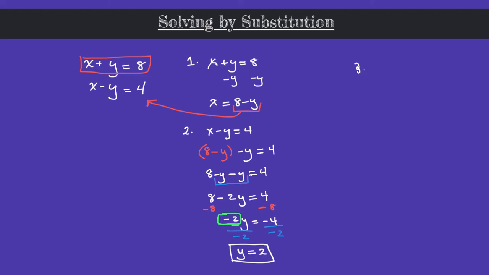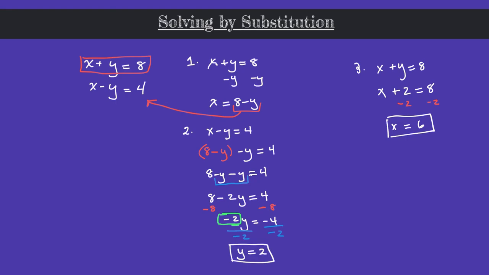So the other equation would be x plus y is equal to 8. So x plus 2 is equal to 8. And in order to solve for x, we're going to subtract 2 from both sides. And we'll have x is equal to 6 as our answer.